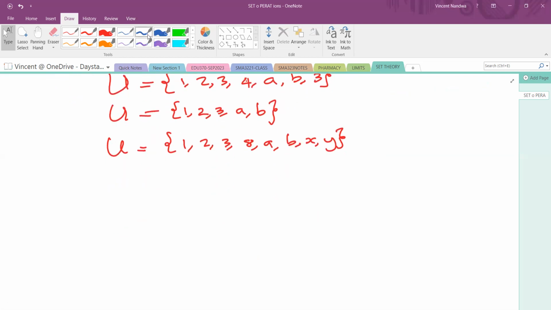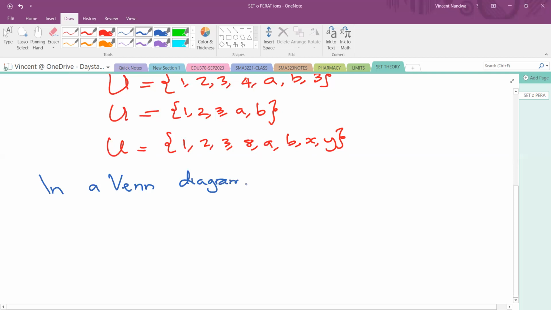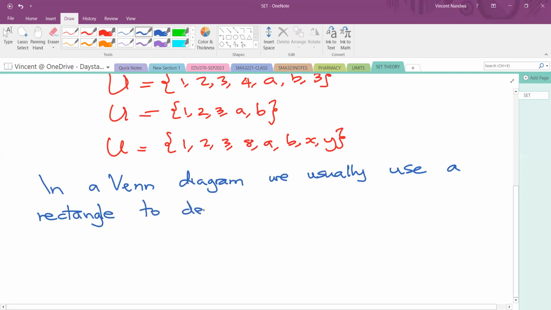And then in a Venn diagram, and a Venn diagram is simply a picture we use to represent sets, we usually use a rectangle to denote the universal set.